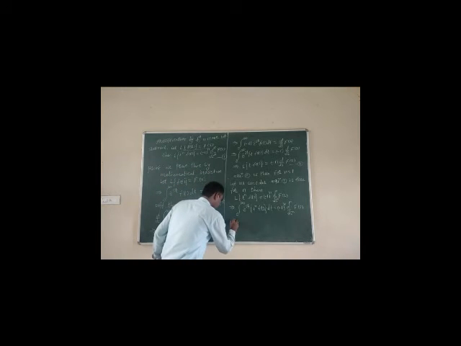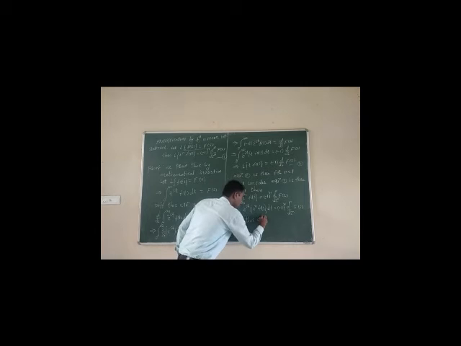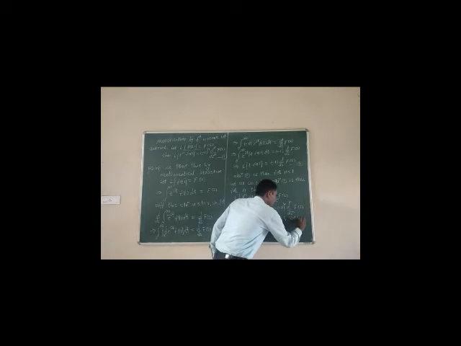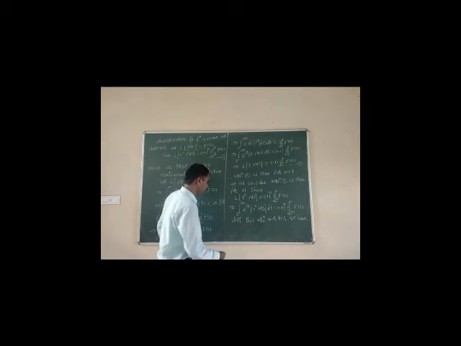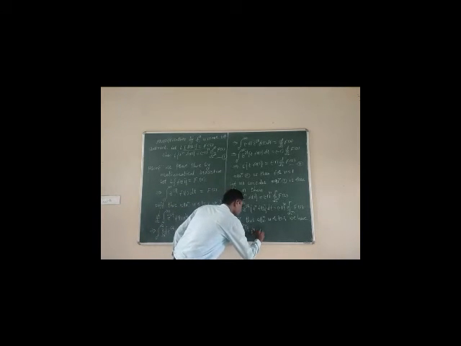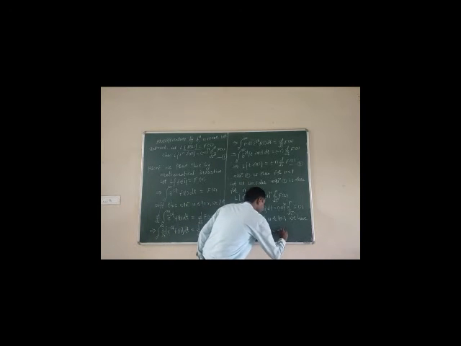So differentiate this equation with respect to s. We have d/ds of integration 0 to infinity e to the power minus st t raised to power n into f of t dt is equal to minus 1 to the power n into nth derivative with respect to s of F of s.